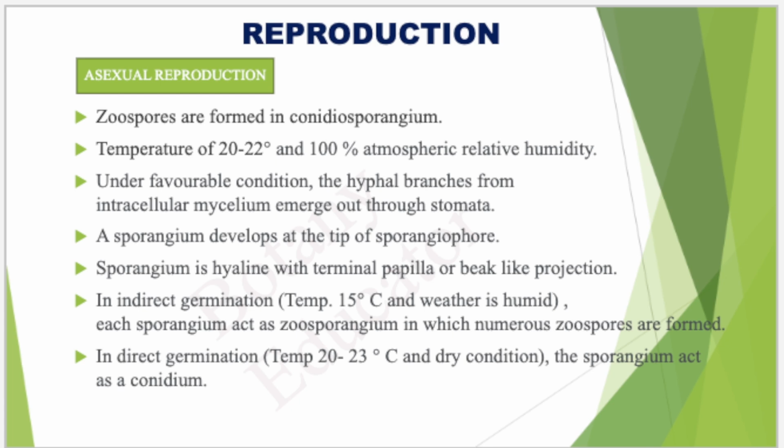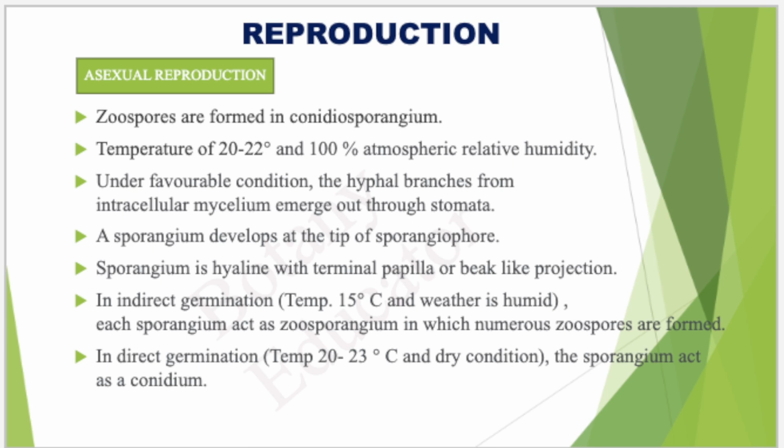Under favorable conditions, the hyphal branches form intercellular branches. A mycelium will emerge through the stomata. Now how will the mycelium come out? It will come out through the stomata, and the sporangia are formed, and the zoosporangia are formed.